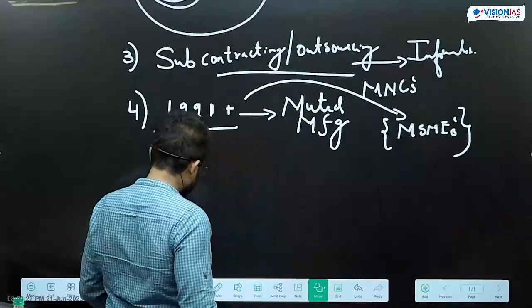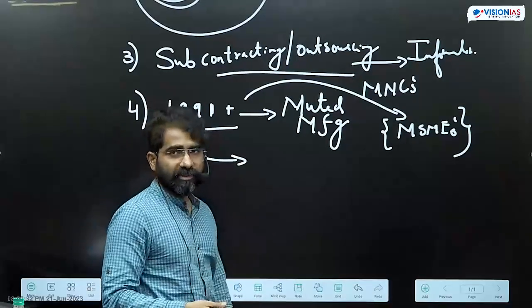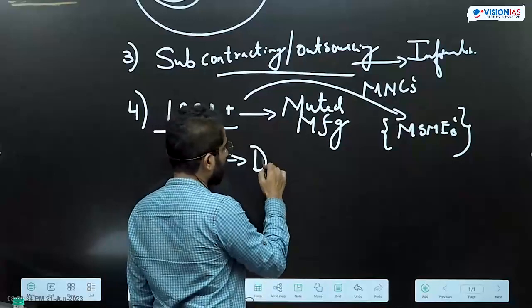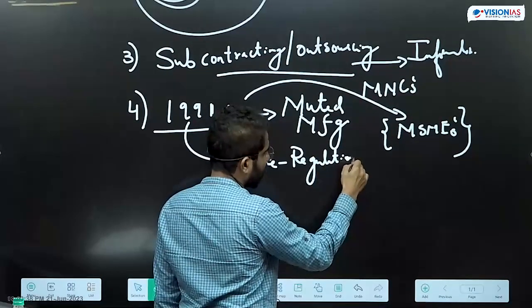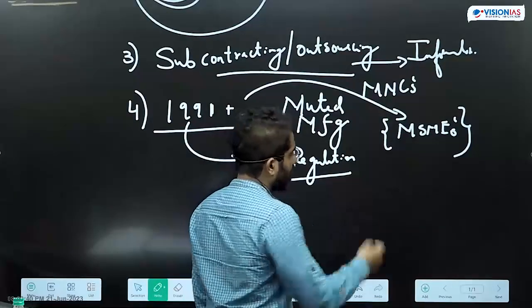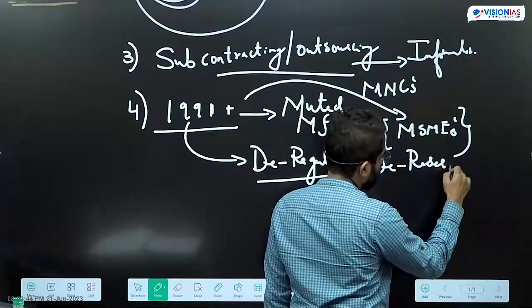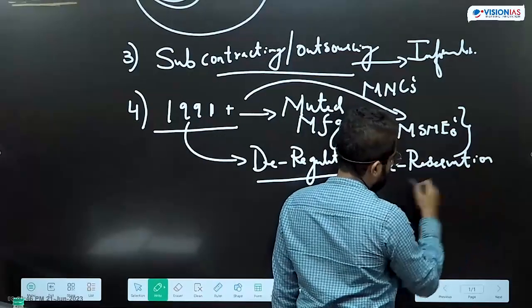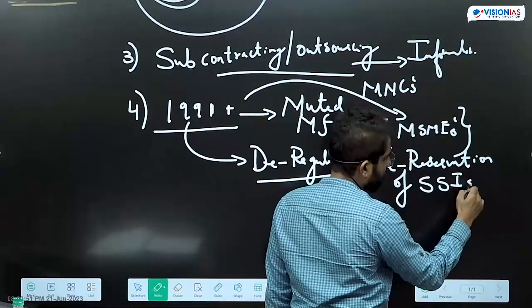Why could they not compete? Because of the policies taken during 1991. What were the policies? For example, one policy was deregulation of industries. Then they came up with dereservation of those goods which were earlier reserved for small scale industries.